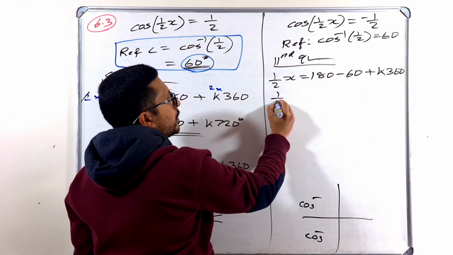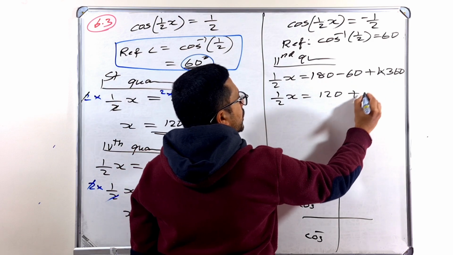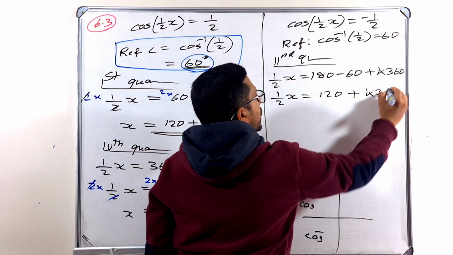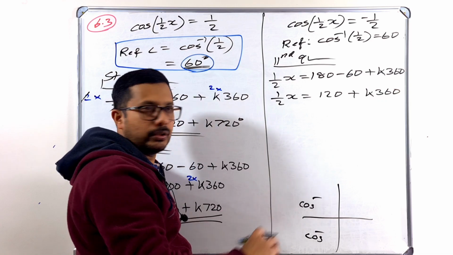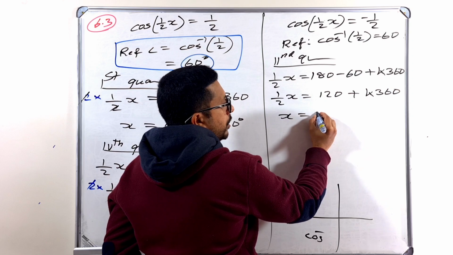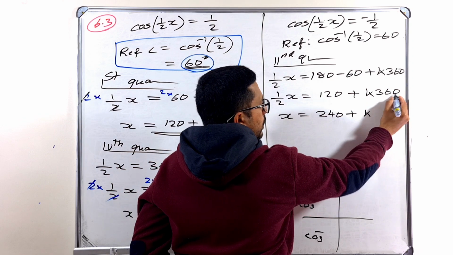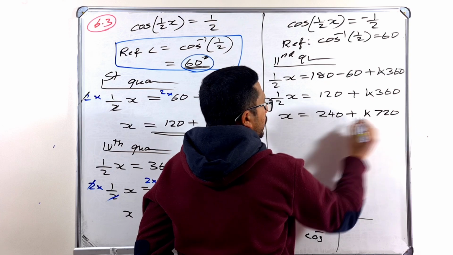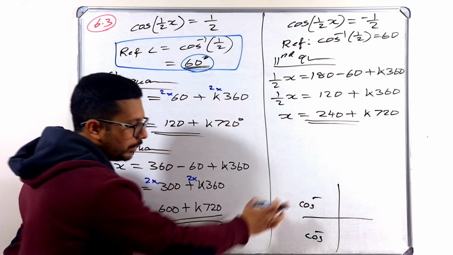Half x is equal to 180 minus 60 is 120 plus k 360. Then to find x, you just multiply throughout with the 2. So 2 cancel, x is equal to 120 times 2 is 240 plus k into 360 times 2 is 720. So this is another solution, that is on the second quadrant.